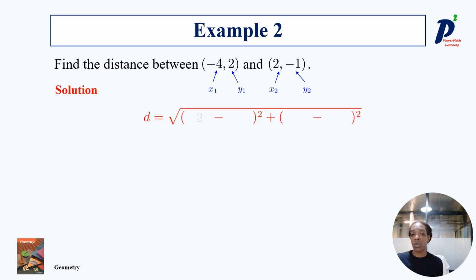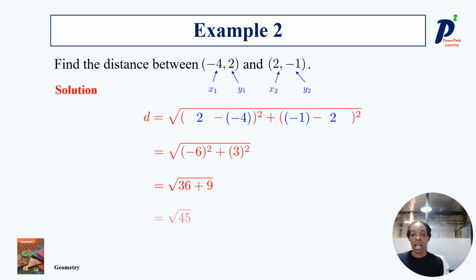Now, I'm going to substitute them into the distance formula. Pretty simple from here. I'm just going to simplify underneath my radical, and I get the square root of 45, which is 3 radical 5. Usually the hardest part is just identifying the coordinates. Once you get that, you plug it into the formula and you're usually okay.